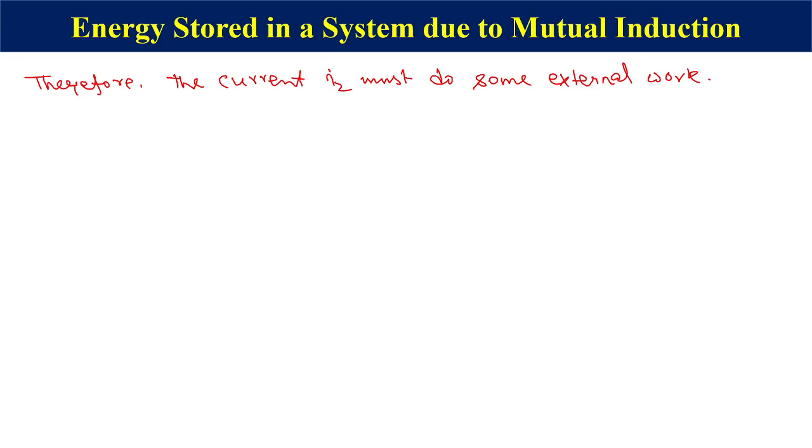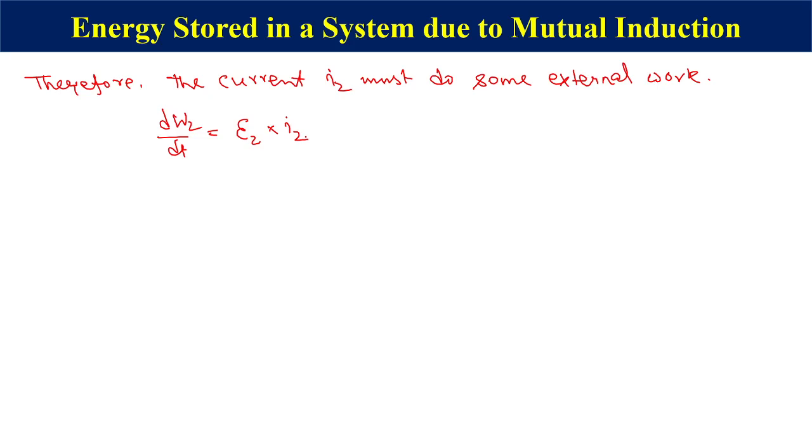So what will be the rate of this work done? The rate of work done is given by dw2 by dt equals epsilon 2 multiplied by the current I2. We have already discussed in one of our videos why there is a product of the EMF and the current.